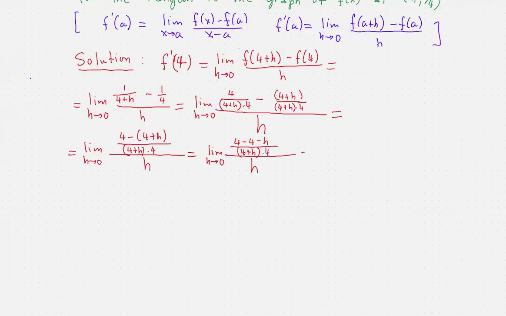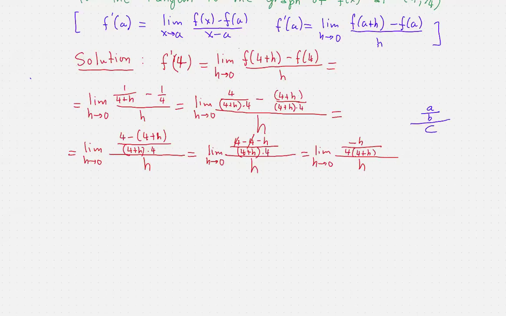And this gives us the limit as h tends to 0 of negative h over 4 times 4 plus h over h. And here, it is a good idea to recall that in general, when you have a fraction a over b divided by a number c, that's the same thing as a over b times c.